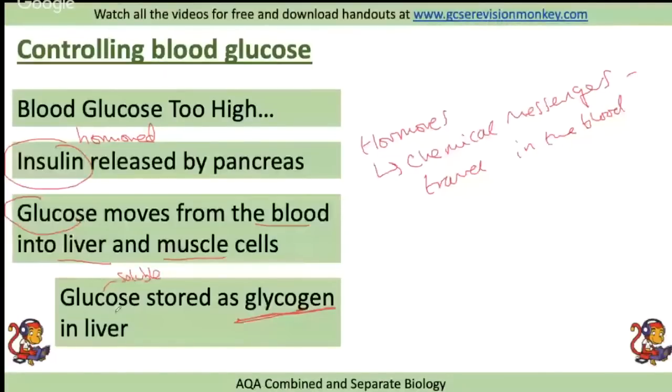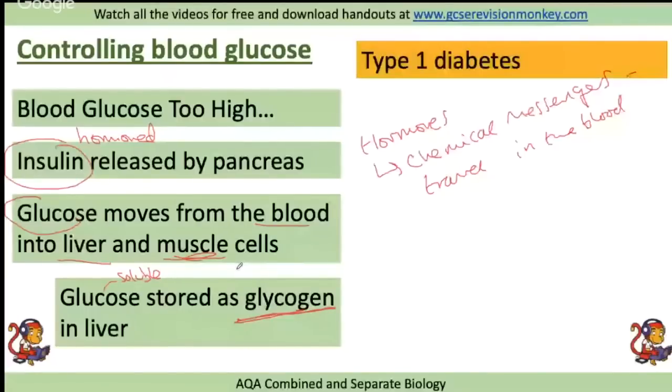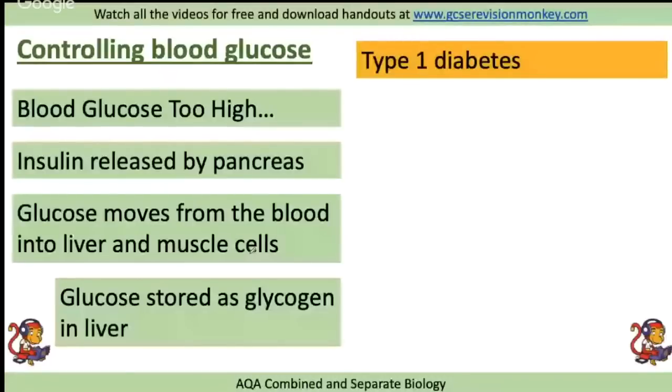You have to convert it into a larger molecule like glycogen, which happens in the liver and the muscle cells. So for foundation, that's all you need to know on the blood glucose. For higher tier, I'll go into it in a little bit more detail later on. So linking into this, we've got two different types of diabetes, which is all concerned around this hormone, insulin.